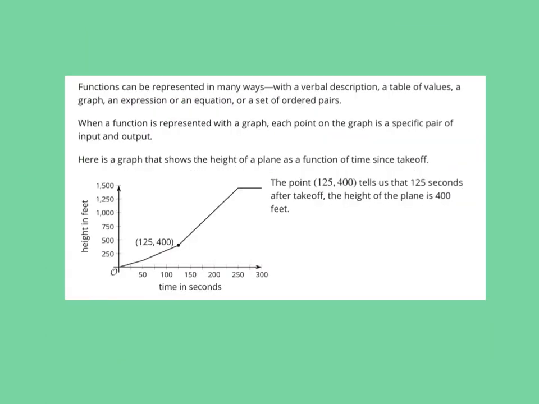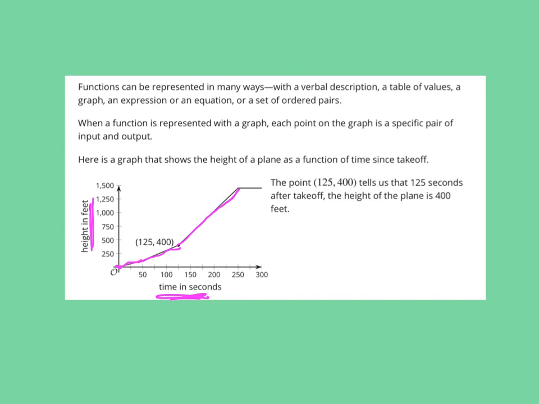So this is what that kind of looks like. Time in seconds as the independent, height in feet as the dependent. And what do we have? On the ground, plane lifts off. First 50 seconds, it's going up pretty steadily. Then it really gathers some height over that period of time, right?